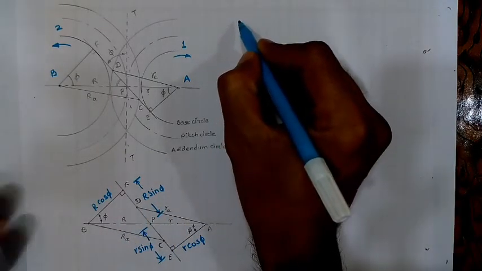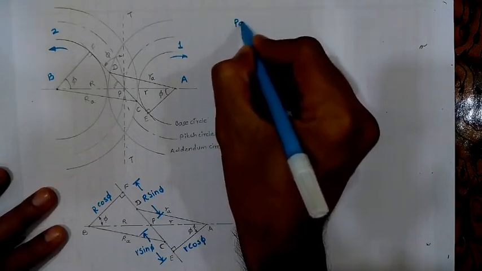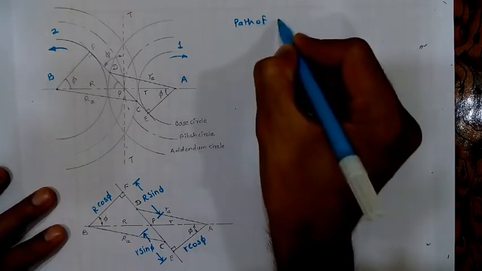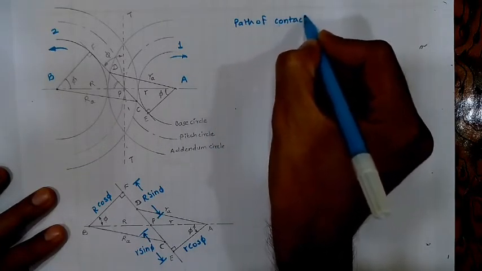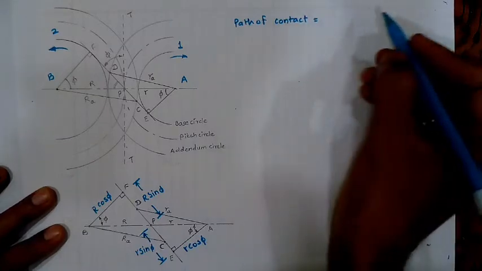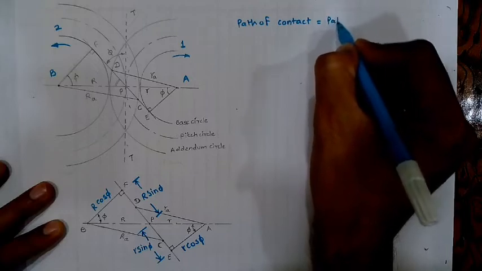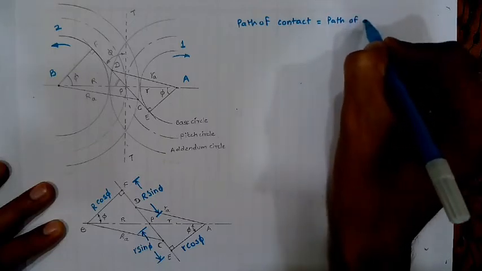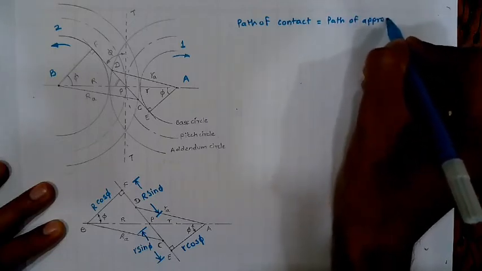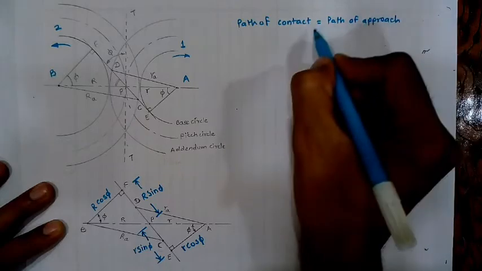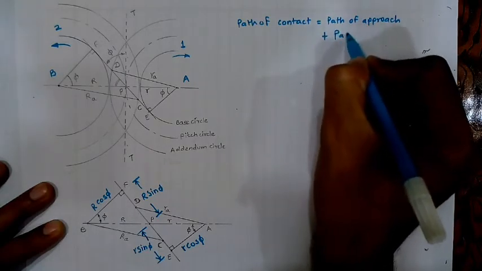So the path of contact is the addition of path of approach and path of recess.